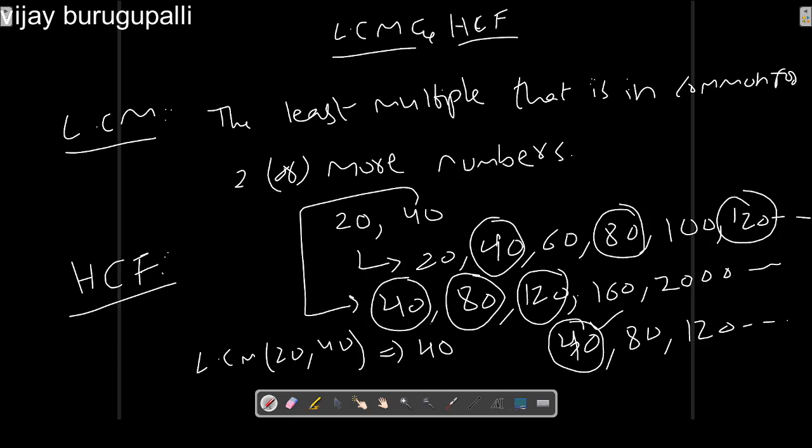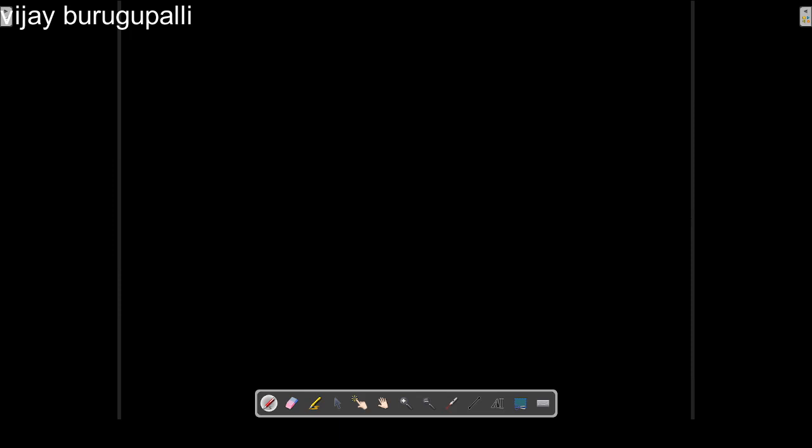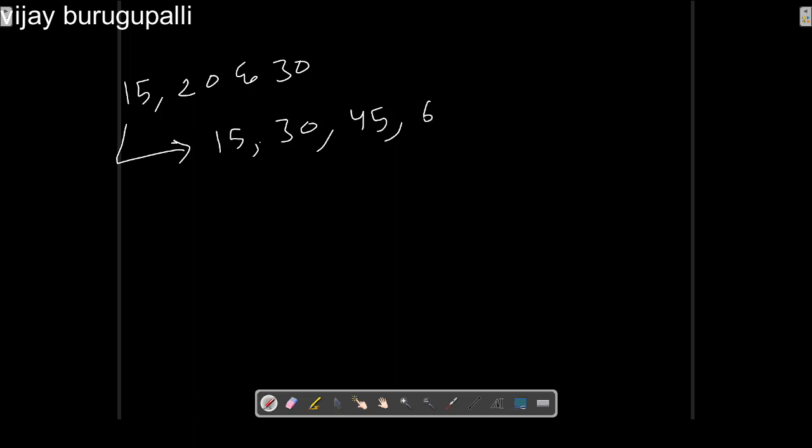Let's see another example. Let's take 15, 20, and 30. The multiples of 15 are 15, 30, 45, 60, 75, 90, 105, 120, and so on.